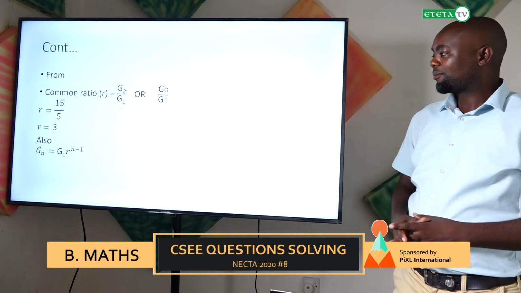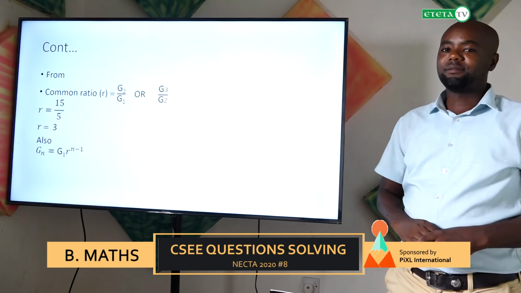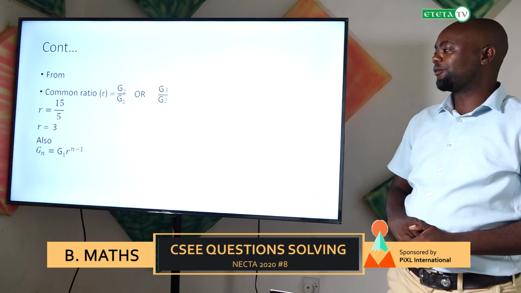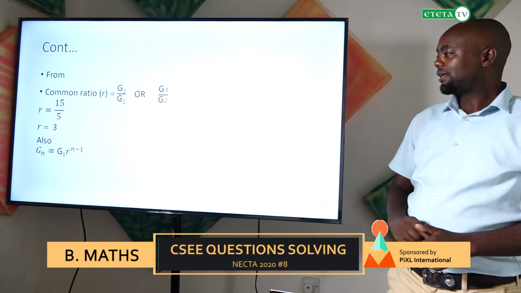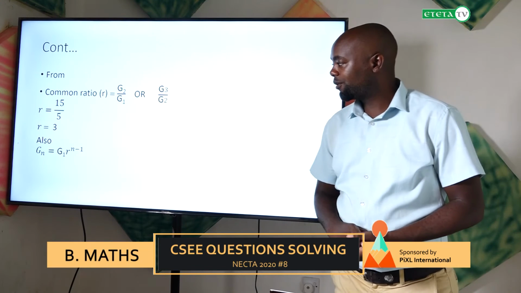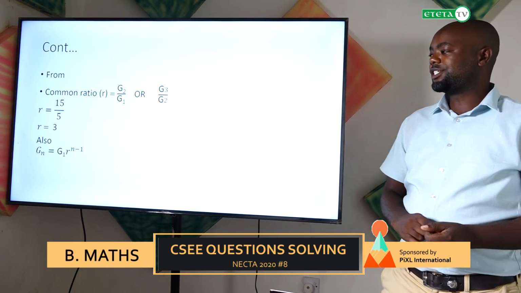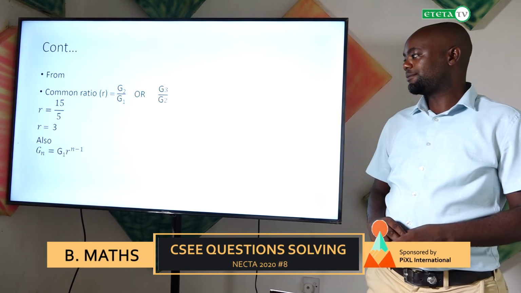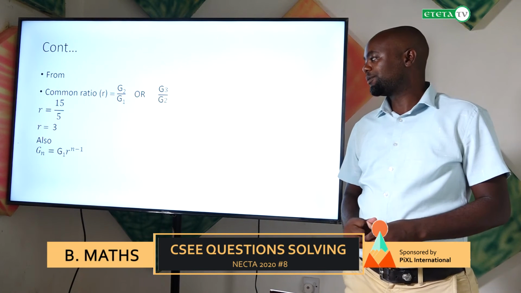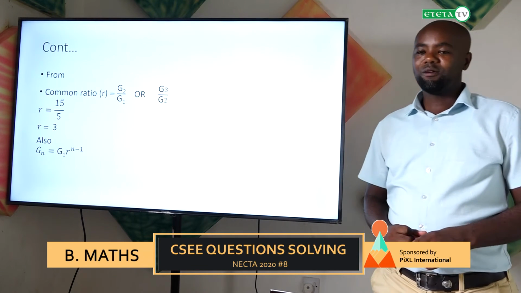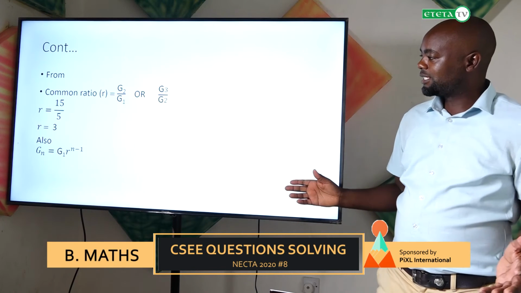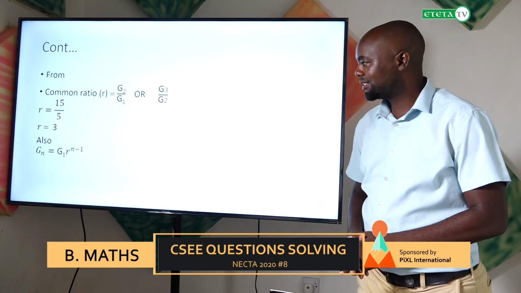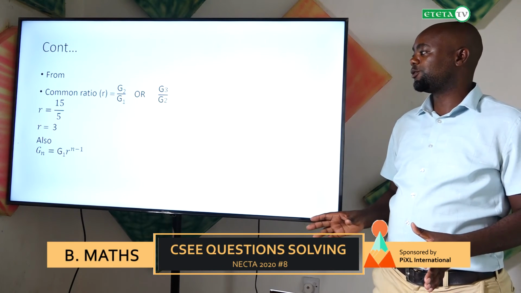Also, there is a general formula in geometric progression. Our general formula is Gn is equal to G1 times R exponent n minus 1. G stands for the terms, so it depends on which term you are talking about.